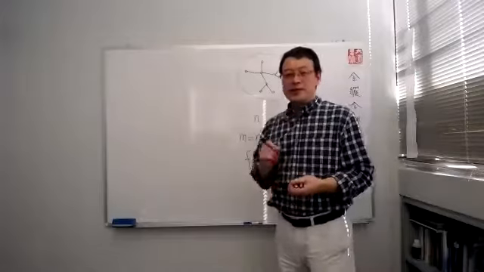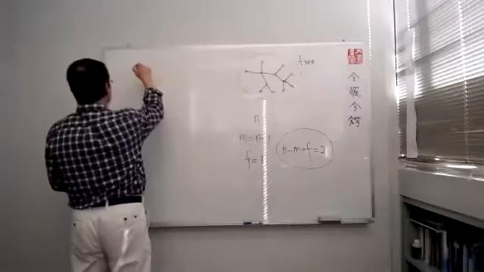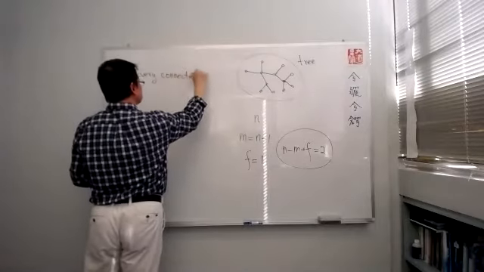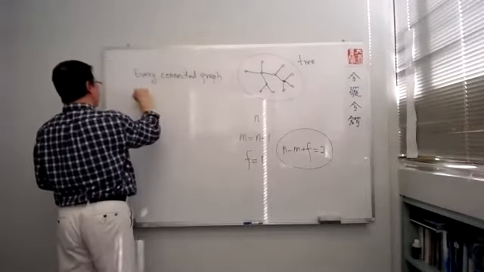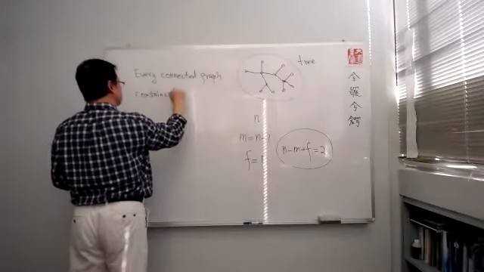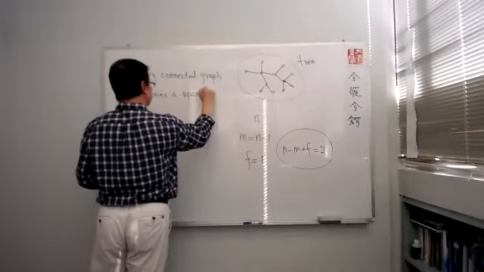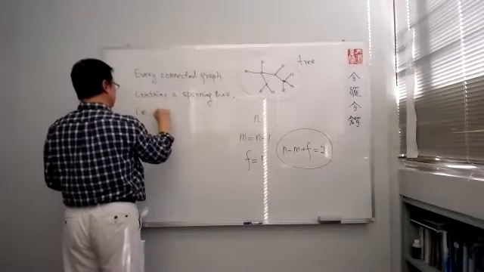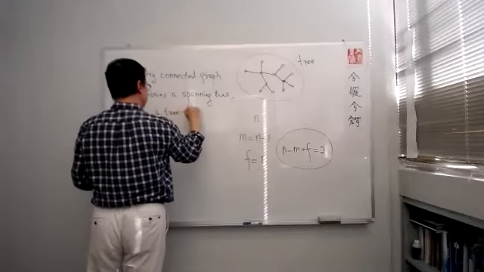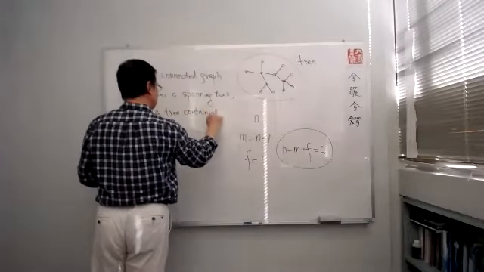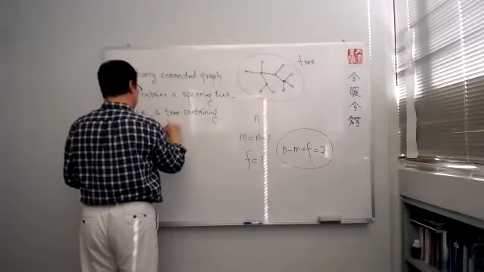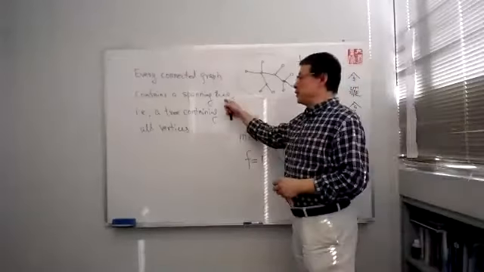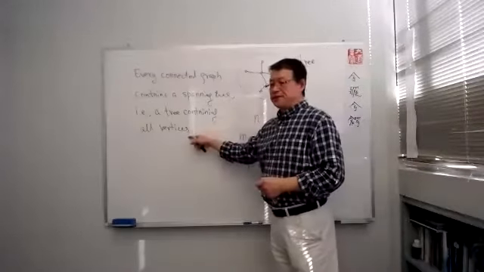The important property of a connected graph is that any connected graph always contains a spanning tree, that is, a tree with all vertices.